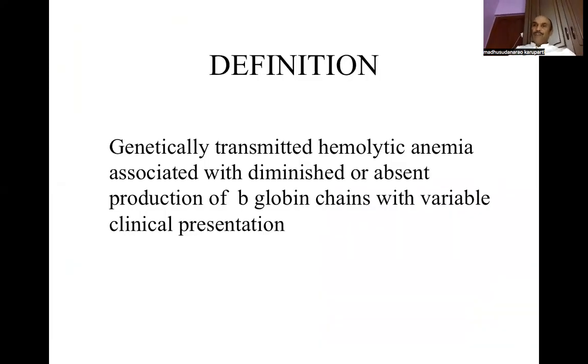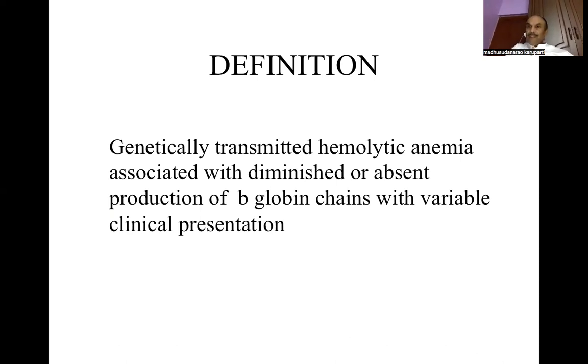Well, how do you define this particular disorder? Thalassemia major is genetically transmitted hemolytic anemia associated with diminished or absent production of beta globin chains with variable clinical presentation. You look into each component of this definition. A genetically transmitted hemolytic anemia.